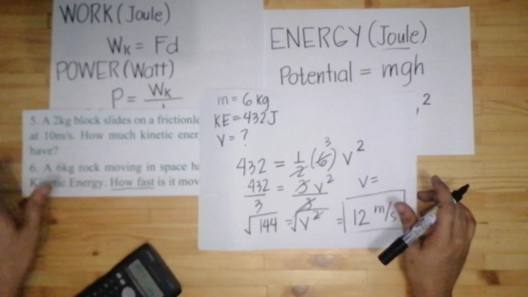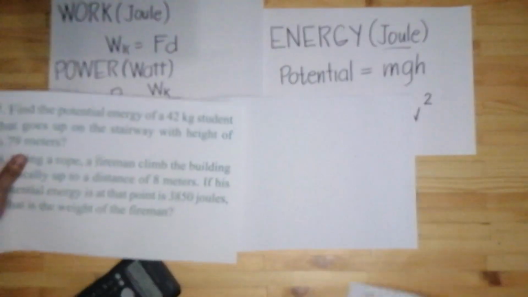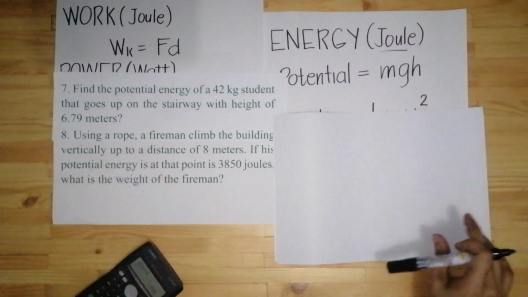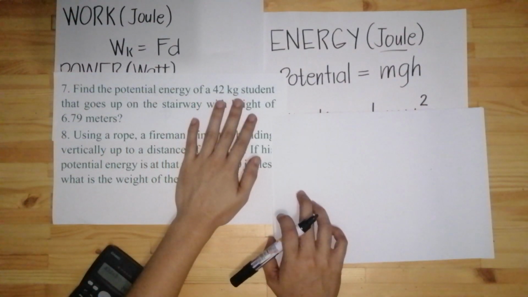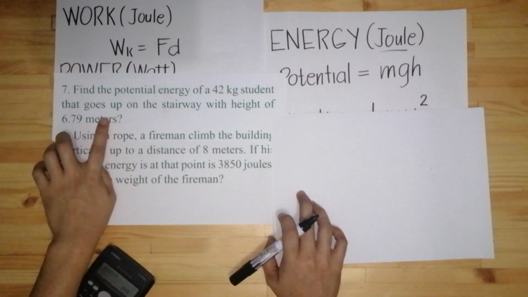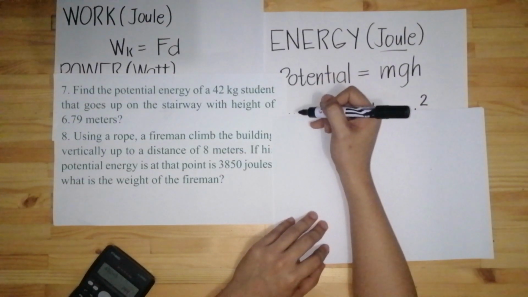So, that's it. Let's have the next problem. We have here, find the potential energy of a 42 kilogram student that goes up. So, pag potential energy, ang movement natin ay pataas lang. Okay?